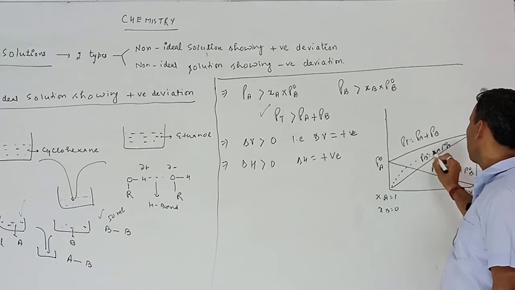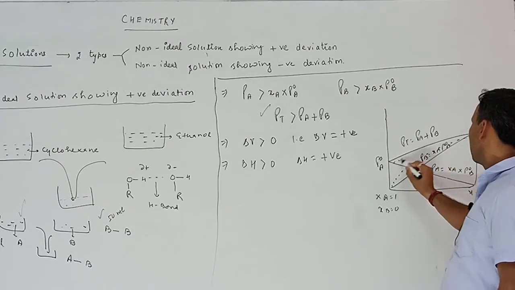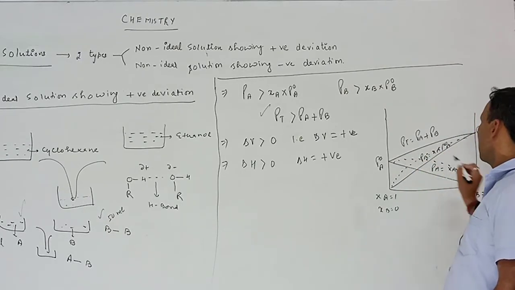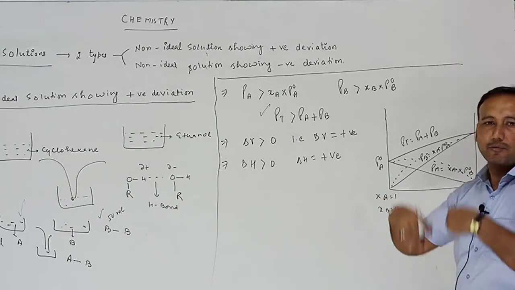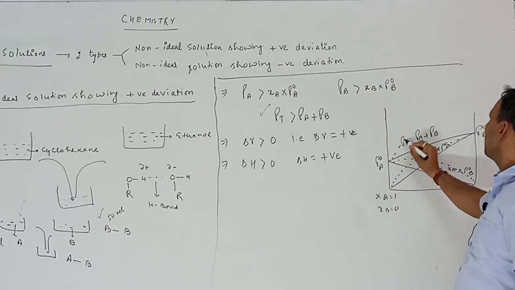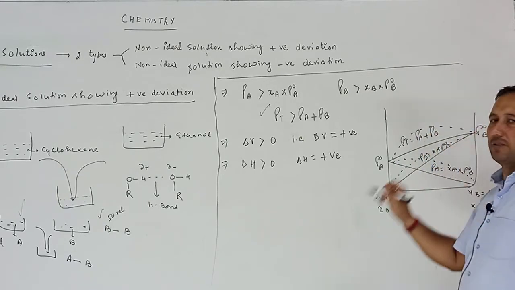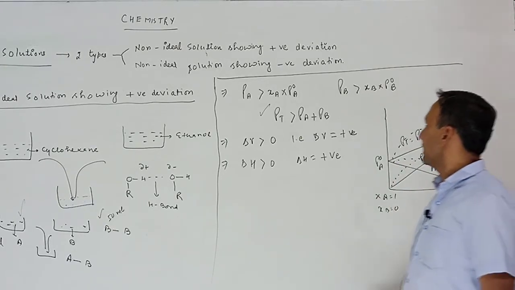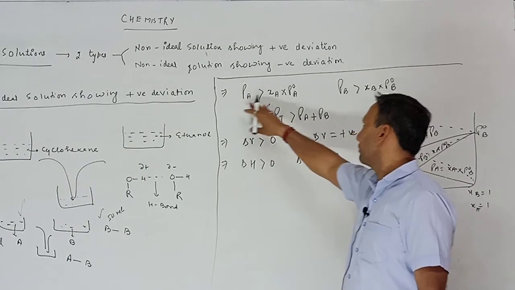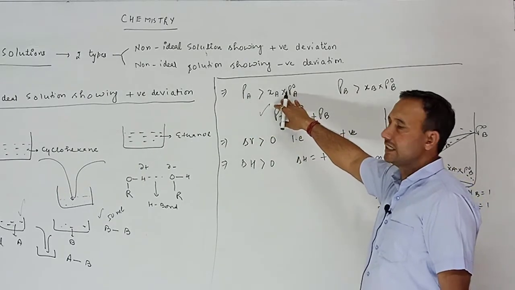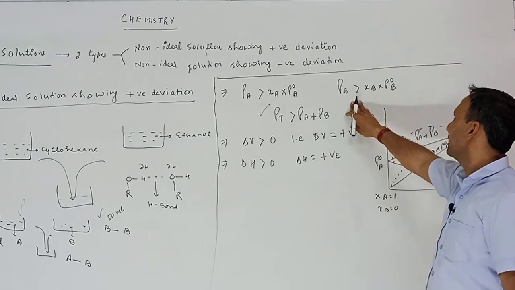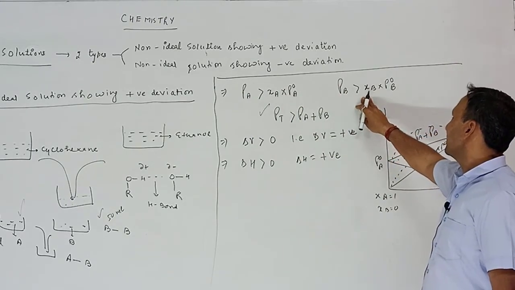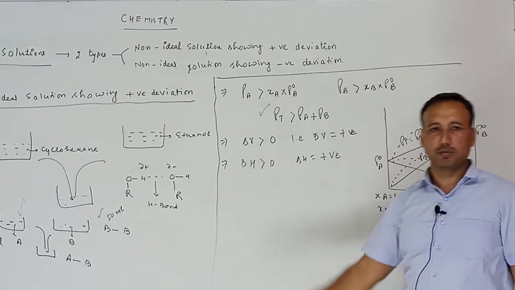So the graphical behavior will change, that is the dotted line will show the vapor pressure of the components on mixing will increase, and the total vapor pressure of the solution will also increase. That is, the partial pressure of A component is greater than the product of XA into P naught A, and the partial pressure of B component will be greater than XB into P naught B.